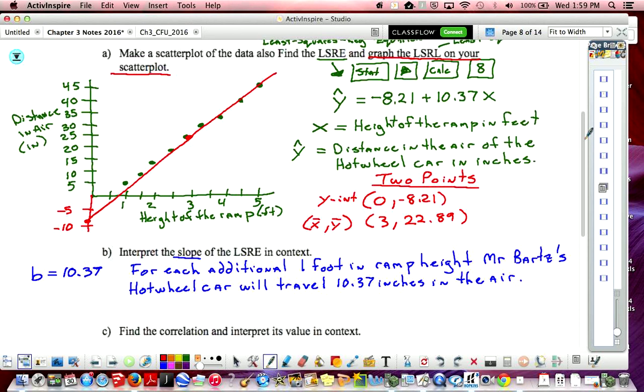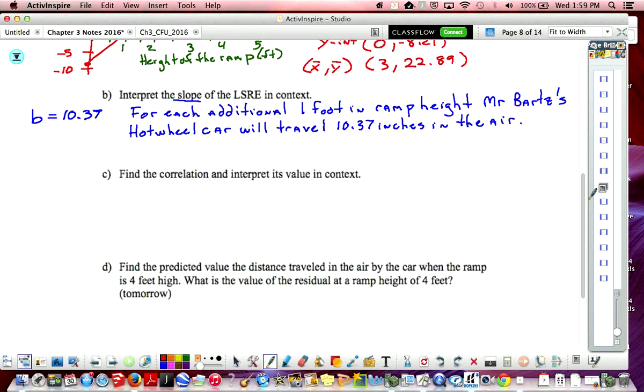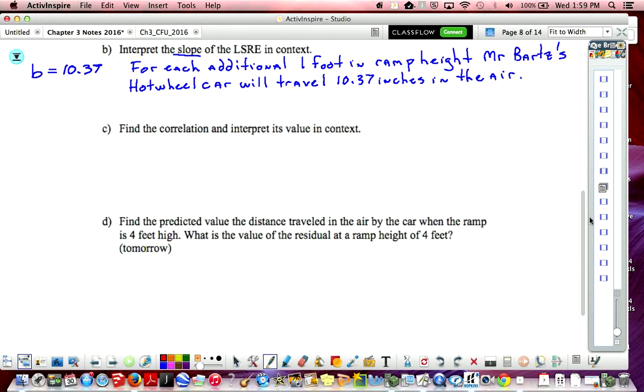All right, so let's finish up our last couple problems here. In part C, it says, find the correlation and interpret its value in context. Notice how we're asking you to do a lot of interpretation. That is probably one of the biggest things in statistics we ask you to do: not only be able to calculate it, but know what it means and be able to explain what it means.